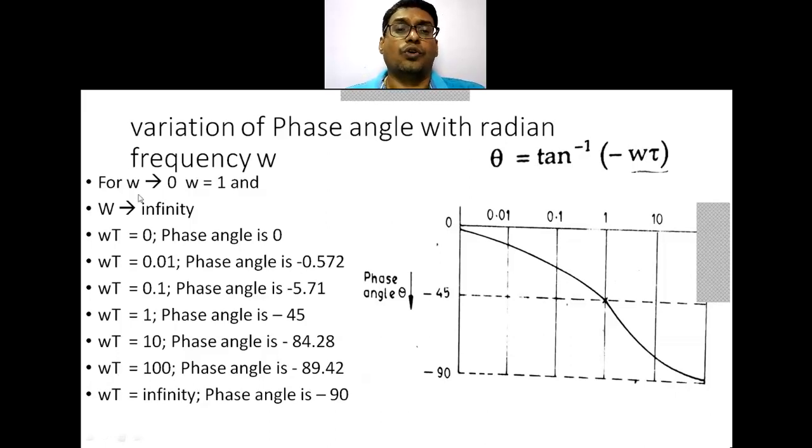So for omega tends to 0, then omega equals 1, and the third is omega tends to infinity.